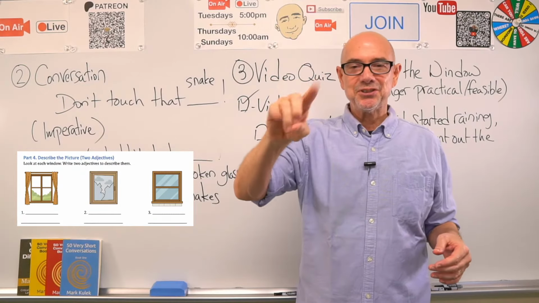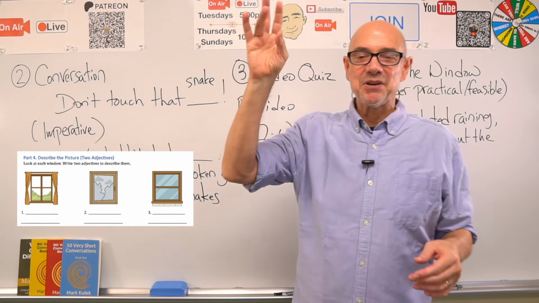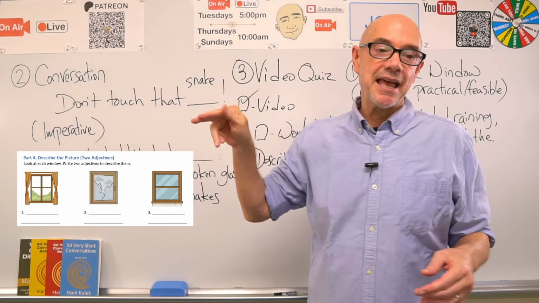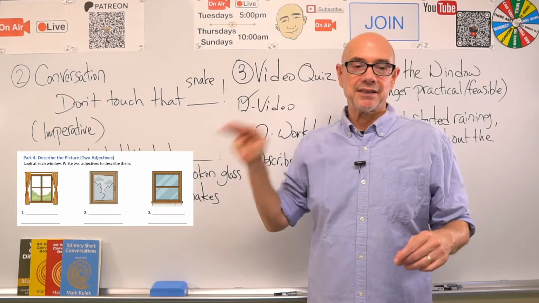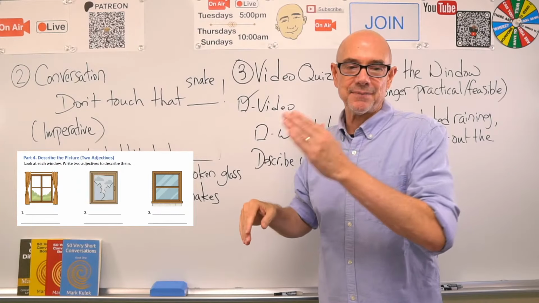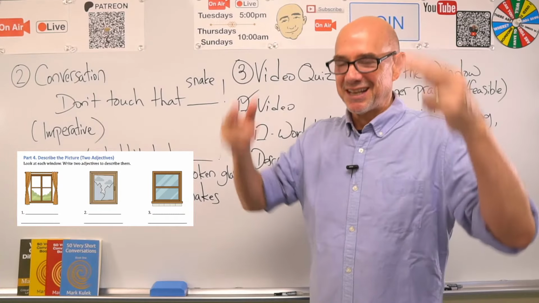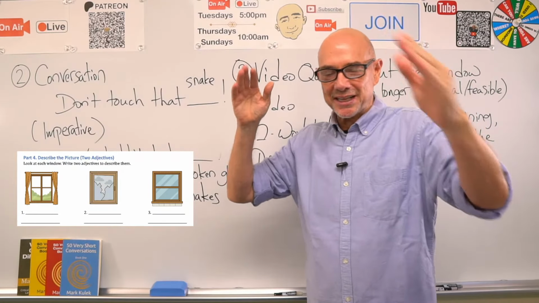Part 2, you have to choose the adjective for the sentence. Part 3, you have to make your own sentences using the adjectives. And here, you have no adjectives. You have to remember the adjectives and describe these windows. So each step, you have to do more and more, and you have to remember more and more. And that's going to help you with your English, right?